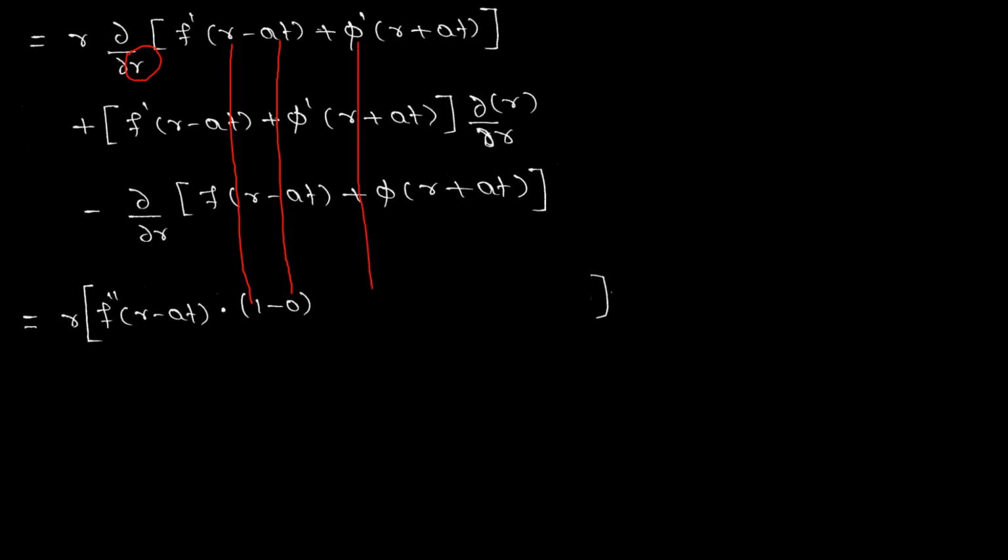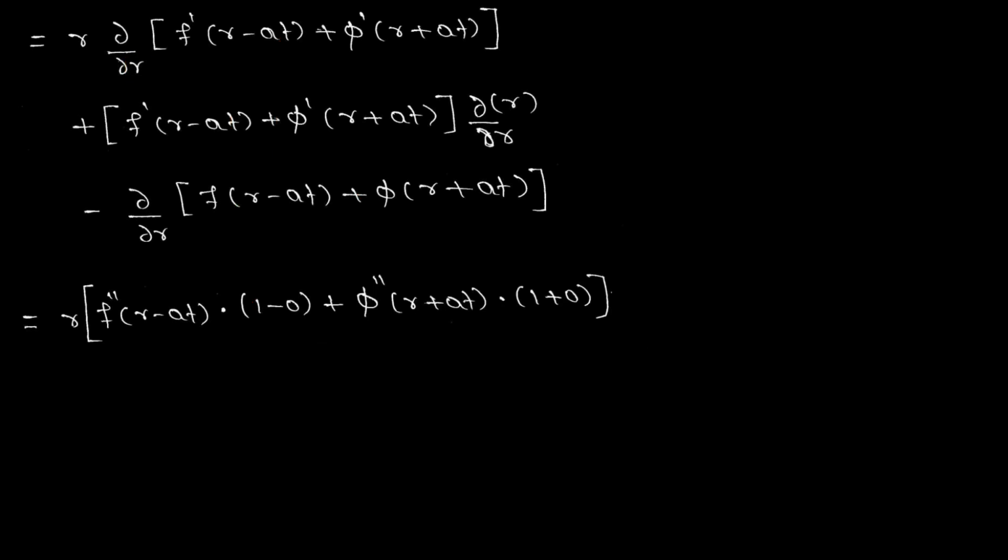Similarly, differentiation of phi dash gives phi double dash into 1 plus 0. Differentiation of r with respect to r will be 1, which we will write in the next here, which has been taken as 1.